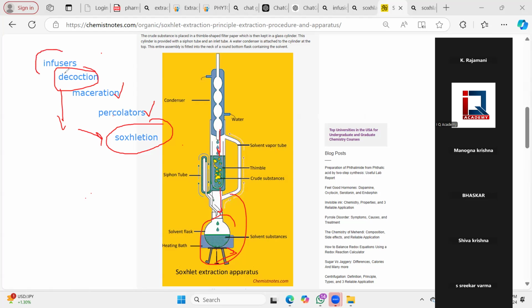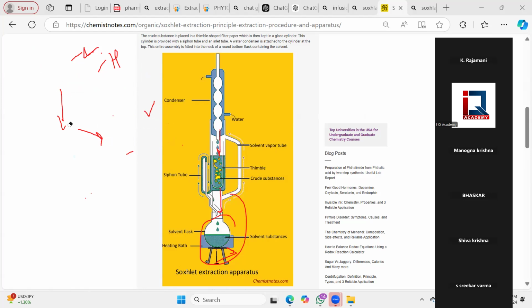In infusion also we are infusing the drug into the hot solvent. So three methods, infusion, decoction, and Soxhlet extraction, have a heating step. But maceration and percolation are cold extraction techniques, where there is no heating step anywhere. So any drugs which are thermolabile, heat sensitive, you can use this kind of equipment.